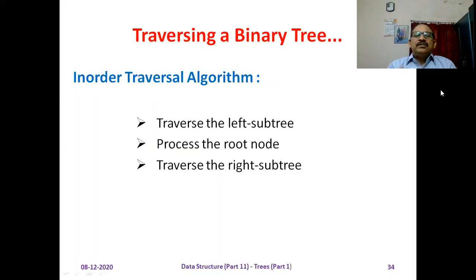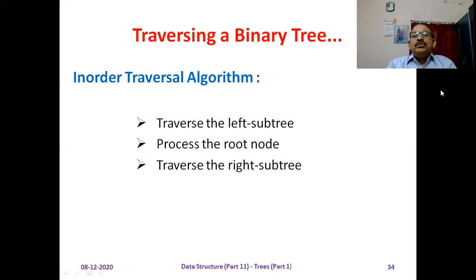Next is the in-order traversal algorithm. In in-order traversal, first we traverse the left subtree of the root node. Next, process the root node, meaning visit the root node. Next step, traverse the right subtree in in-order.